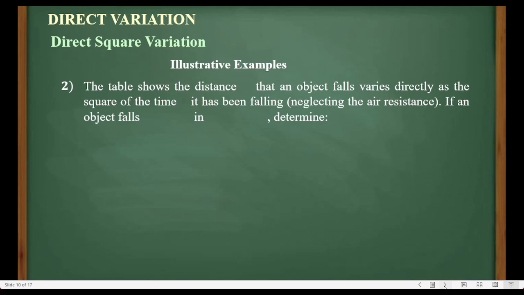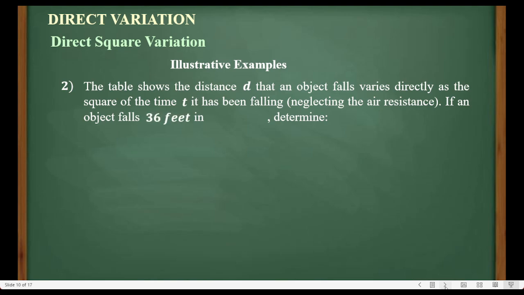Now, for our next illustrative example, suppose we have a table of values showing the distance that an object falls varies directly as the square of the time the object has been falling, if we neglect the air resistance. The distance is denoted by small letter d, while the time the object has been falling is denoted by small letter t.